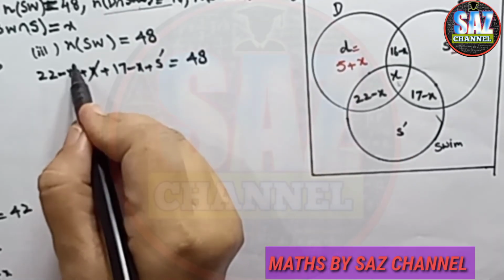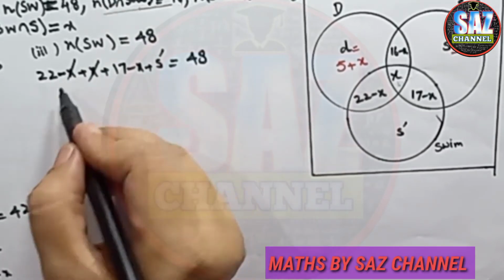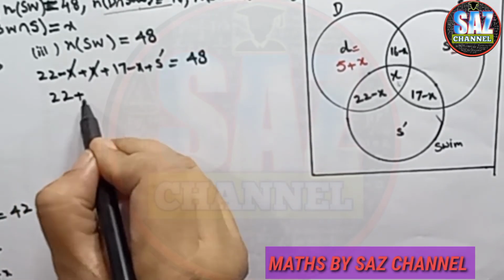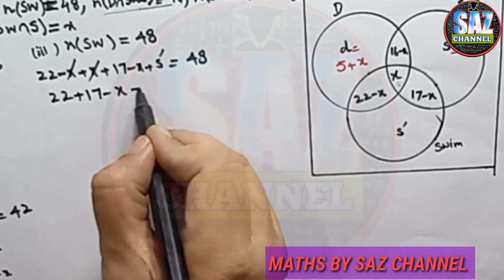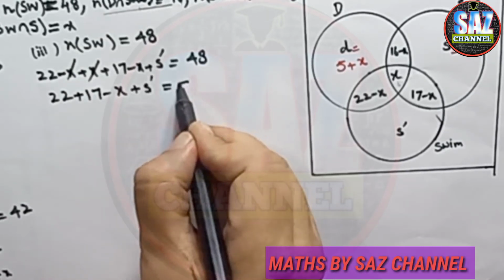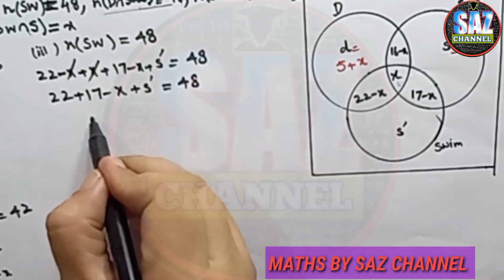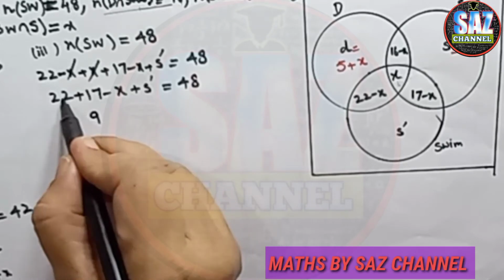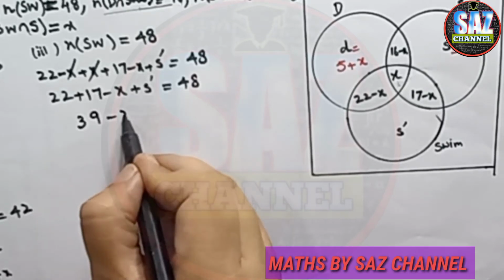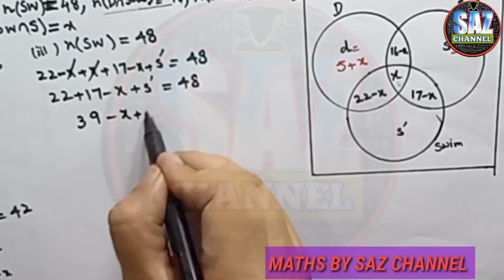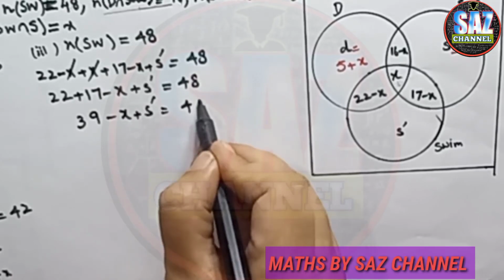Simplify, and I'm left with 22 plus 17 minus x plus s dash equal to 48. 7 and 2 is 9, so 39 minus x plus s dash equals 48.